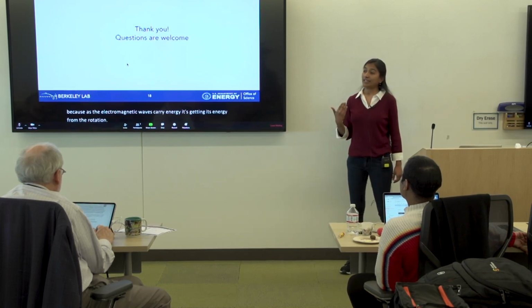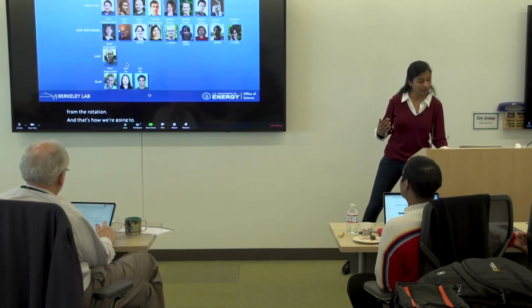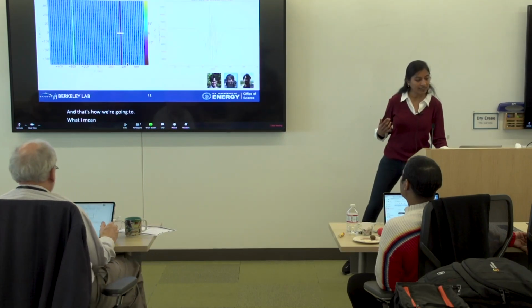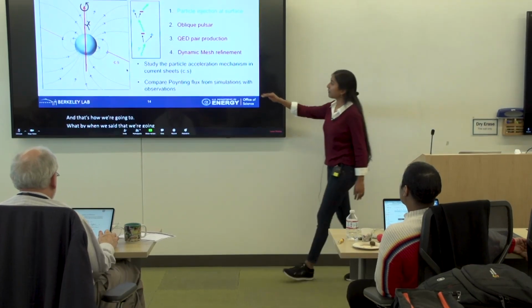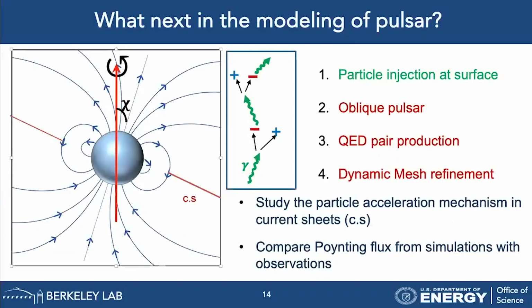And that's what I mean when we said that we are going to compare microscale with macroscale: this Poynting flux gives us the energy of the electromagnetic wave that's leaving the domain. That is correlated with how much power the rotation is giving to the EM field. So that's how we will find out how much the pulsar is slowing down.